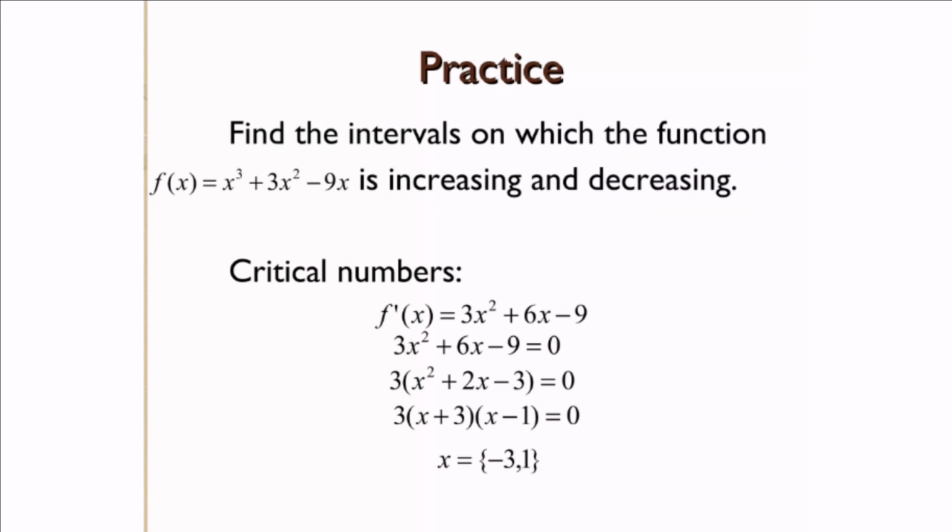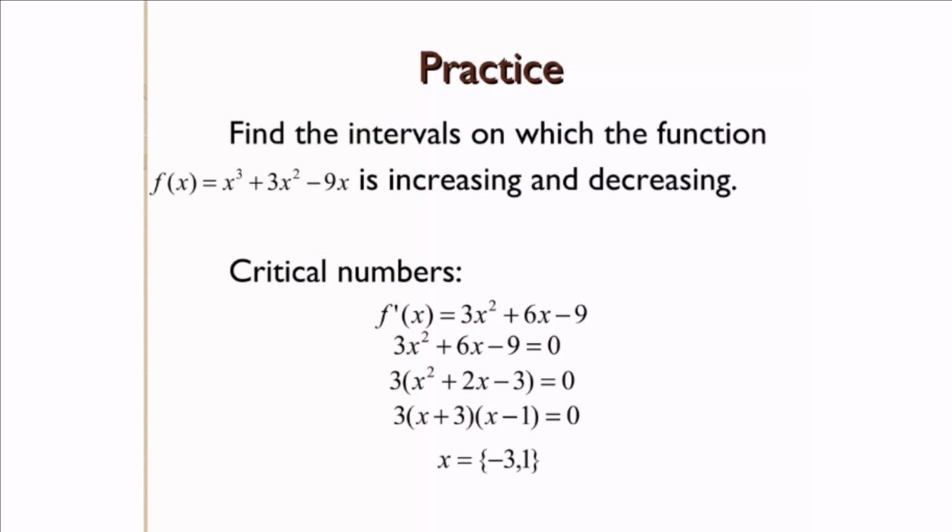Now for finding critical numbers, first we have to differentiate the given function. Now derivative of x cube is equal to 3x square. Derivative of 3x square is equal to 6x. Similarly, derivative of minus 9x is equal to minus 9.